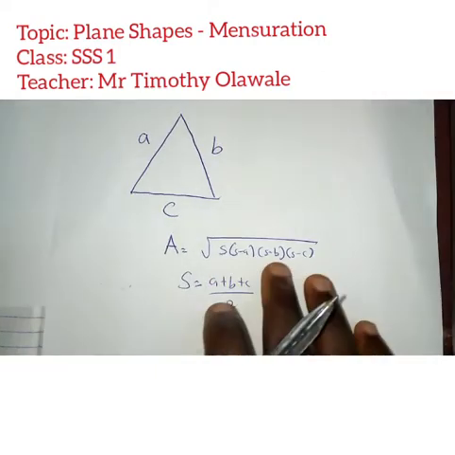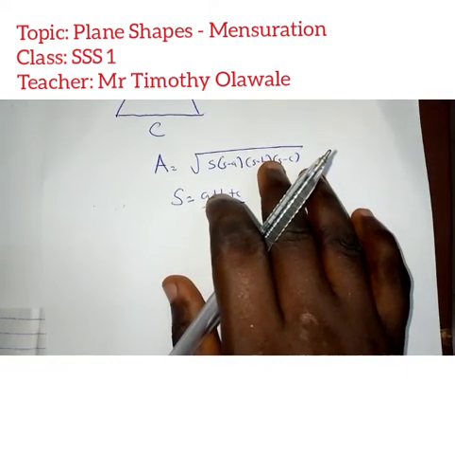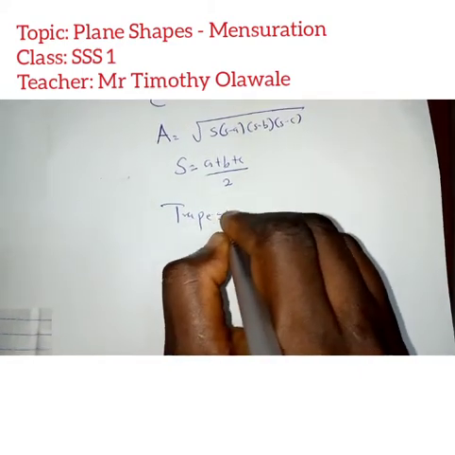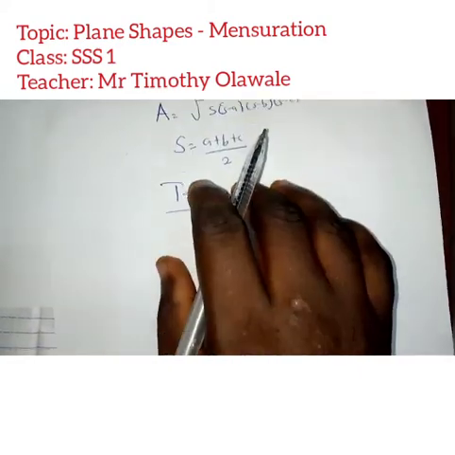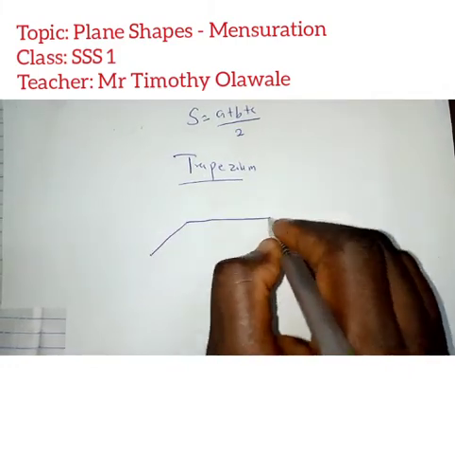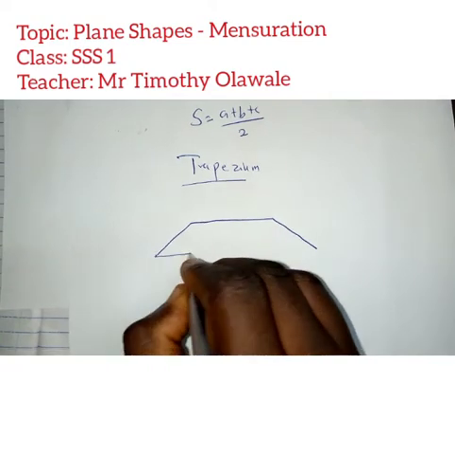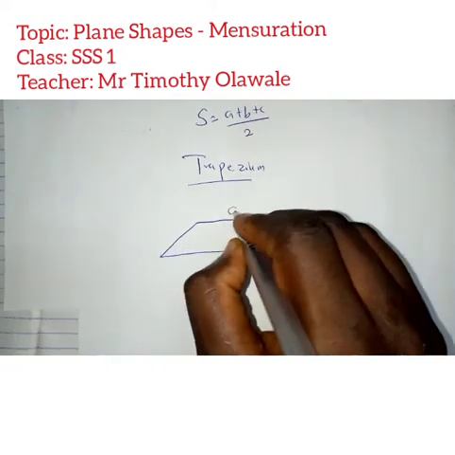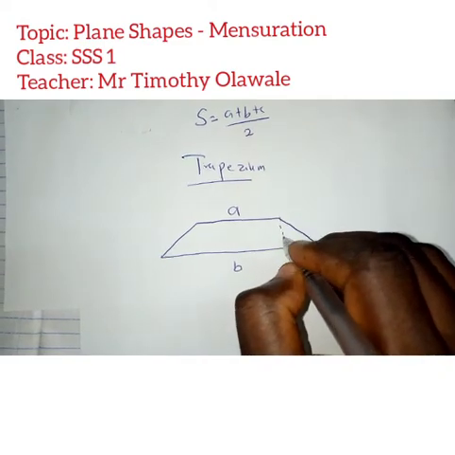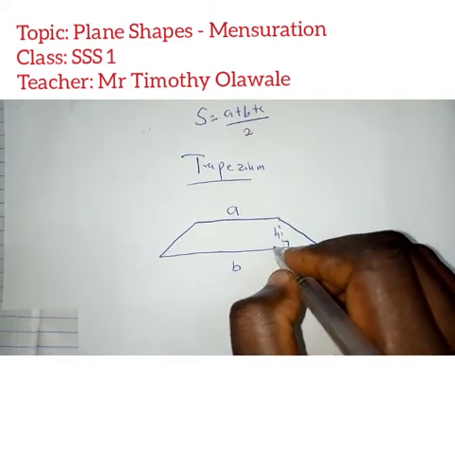Let's look at the trapezium. The trapezium looks like something like this. We have a, we have b, and we have a height.